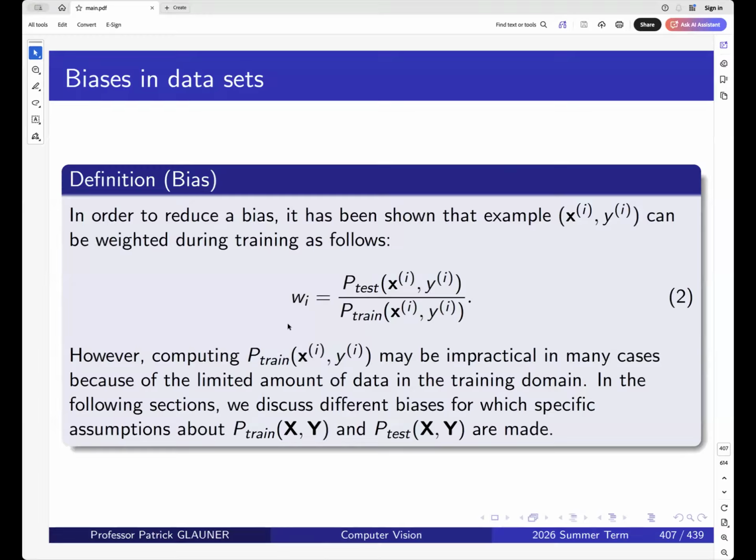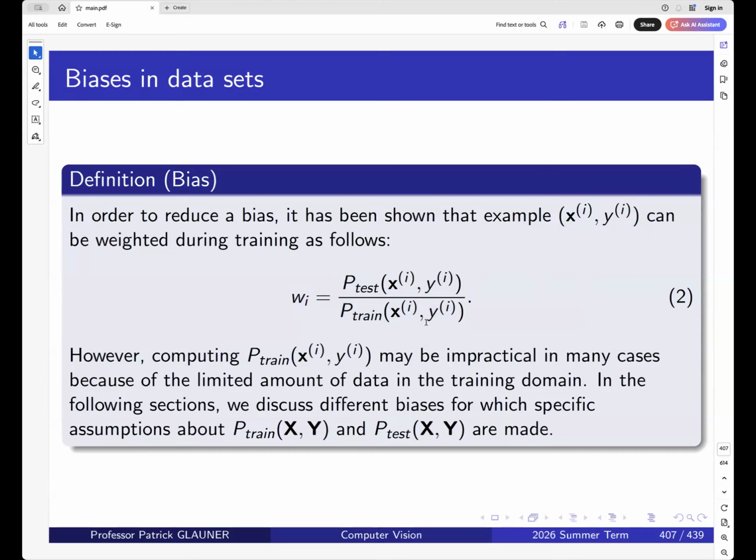And the literature proposes I can calculate a vector W, which are the weights, and the concrete ith entry would be, for the ith example and its label, the probability of that pair, so the input data and the label appearing in the test distribution, divided by the probability of this appearing in the training distribution.